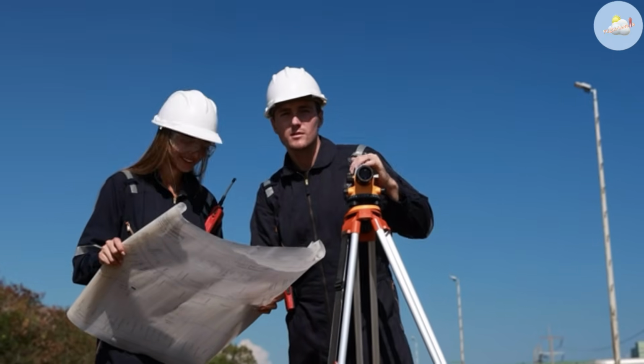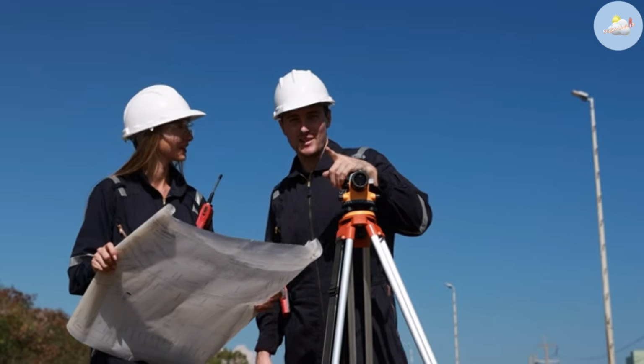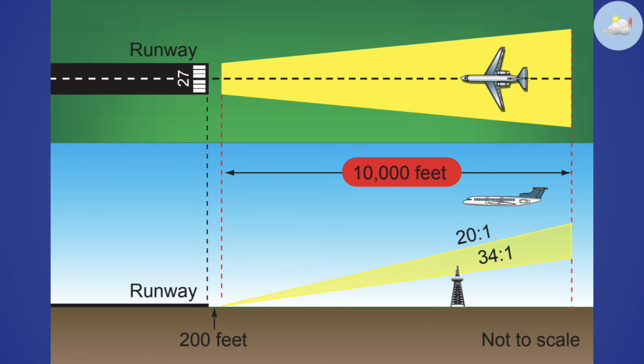Now, before we get into the symbology on the instrument approach plates, we need to take a little bit of a deeper dive into the procedures that the FAA uses to evaluate each airport when designing instrument approach procedures. So, what they like to do is make some imaginary slopes out from the end of the runway, starting 200 feet prior to the threshold, and they extend them out along their approach corridor at 2 different slopes.